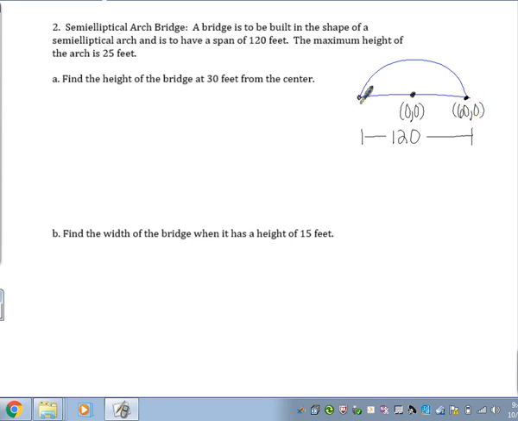And on the left side? Negative 60, 0. And it says the maximum height of the arch is 25. So that's here. This is 25. So if I had to put an ordered pair here, this would be 0, 25. Good.